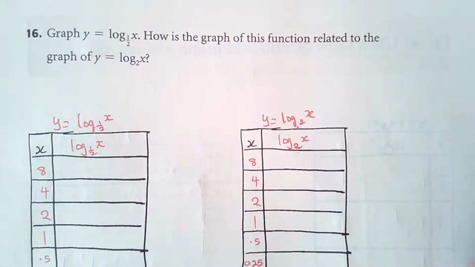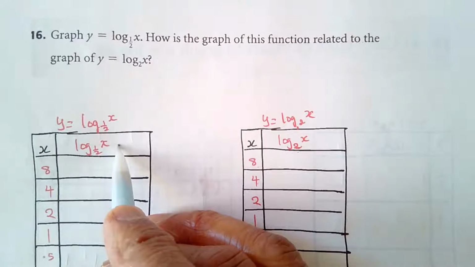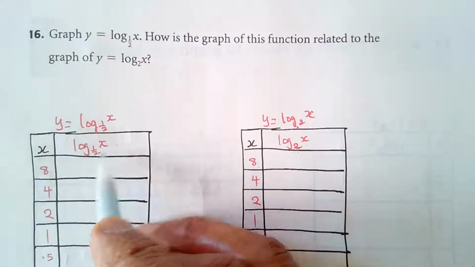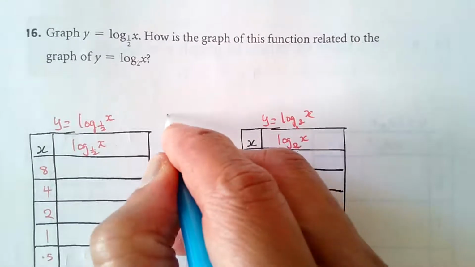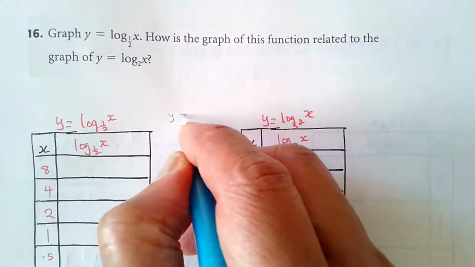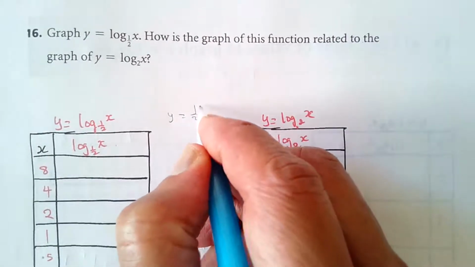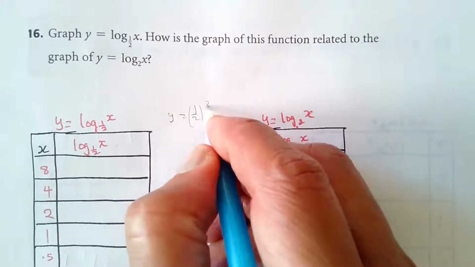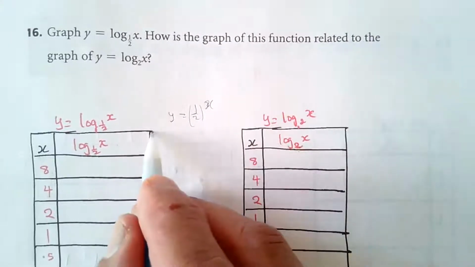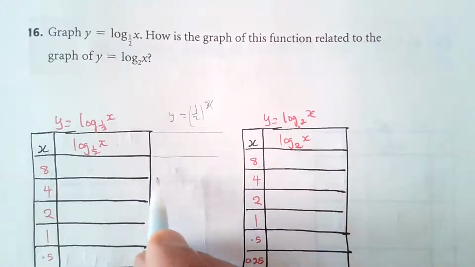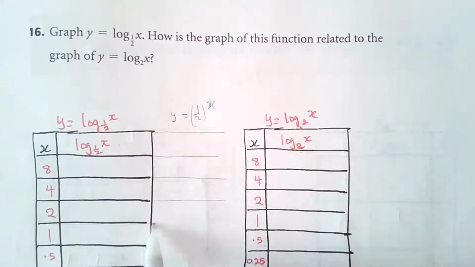of these. The easiest way to do this one here is to write it as an exponential function. And then we switch them. What I meant by that, this could be written as y is equal to half to the power x. And then create a table of values and interchange them.